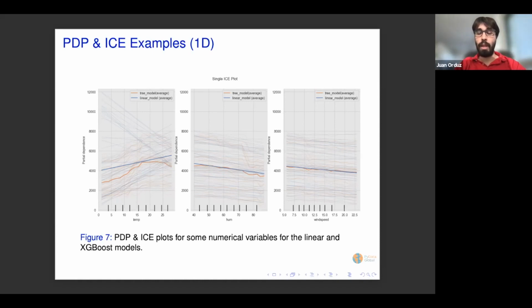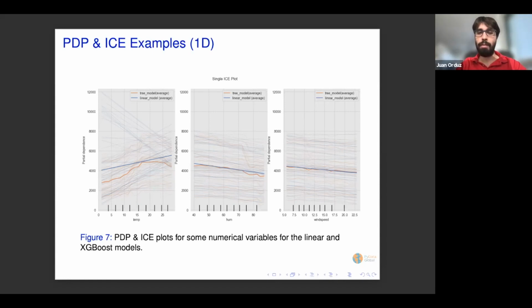What could this be? Well, this is actually an effect of the interaction. We can capture interaction effects via these ICE plots, which are often hidden when you do the average. Looking into this type of line, this could come from data instances in which we have the month of July, and the overall contribution with this very negative beta coefficient makes this go down.